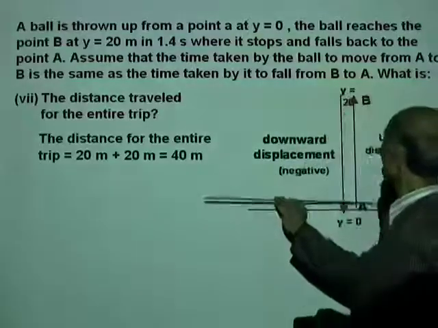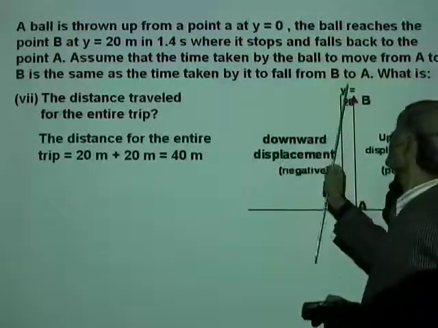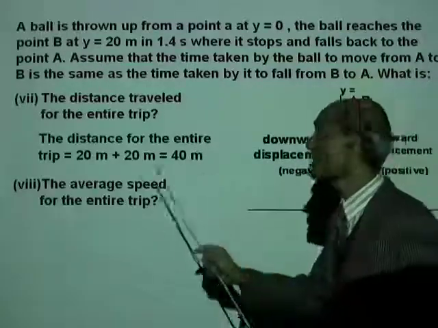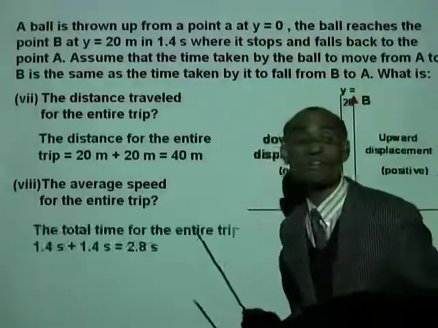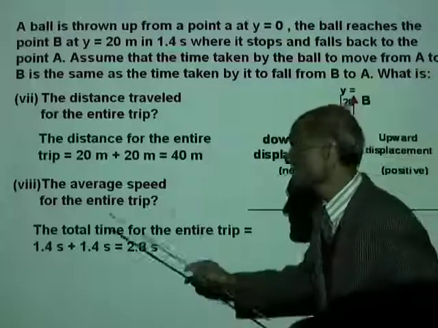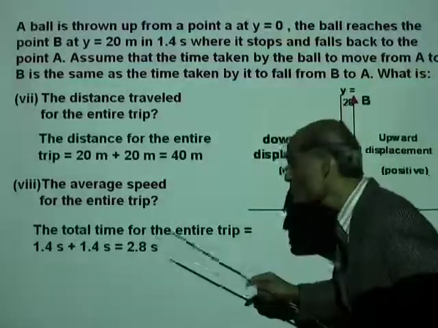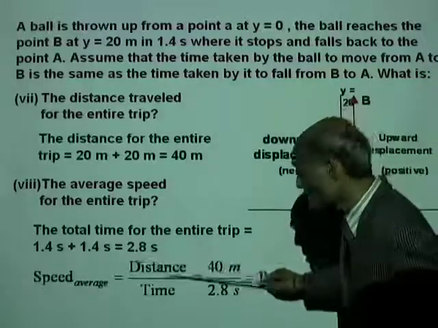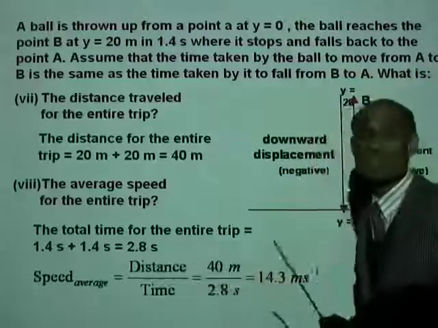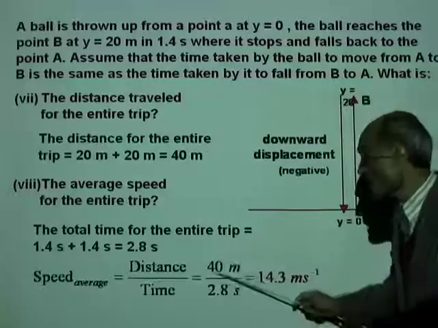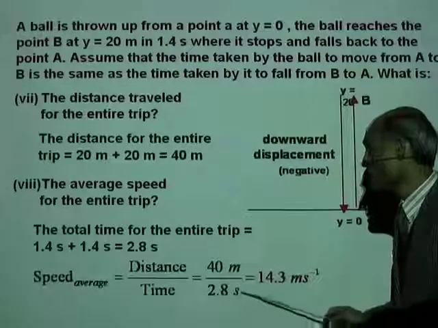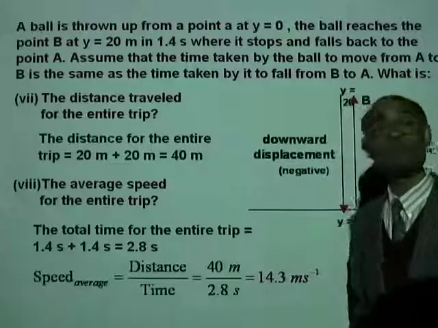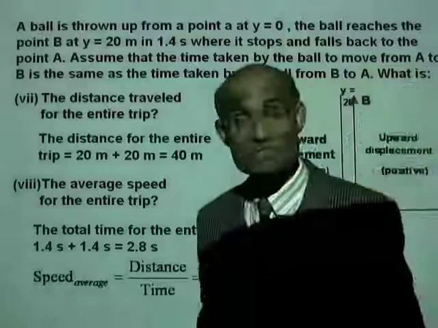It will be 1.4 seconds to go up, 1.4 seconds to come down. Therefore, the total time is 2.8 seconds. The average speed is the total distance divided by the time, that is 40 meter divided by 2.8 seconds, and that is 14.3 meter per second.